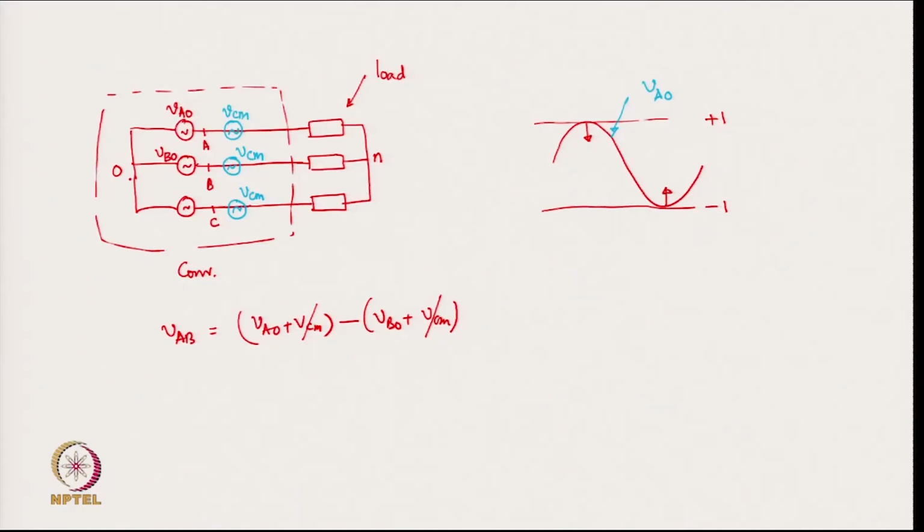So, no current can flow between the points N and O. So, what can we add to this voltage V common mode so as to push the sine wave up and down?